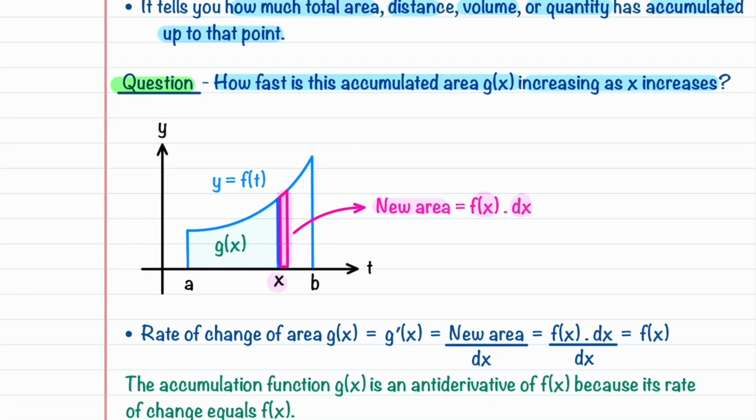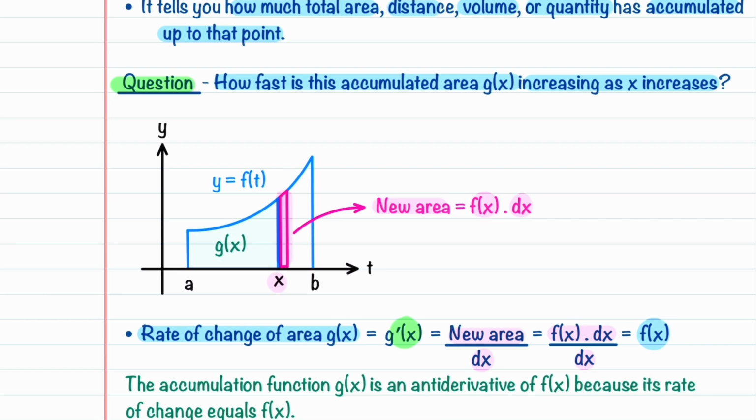To find how fast this accumulated area g of x is increasing as x increases, we need to look at the rate of change of the area g of x. That rate of change is equal to the derivative of g of x, and it's equal to the new area divided by dx. Up above, we saw that the new area was f of x times dx. We now divide that by dx, and we get that it's equal to f evaluated at x.